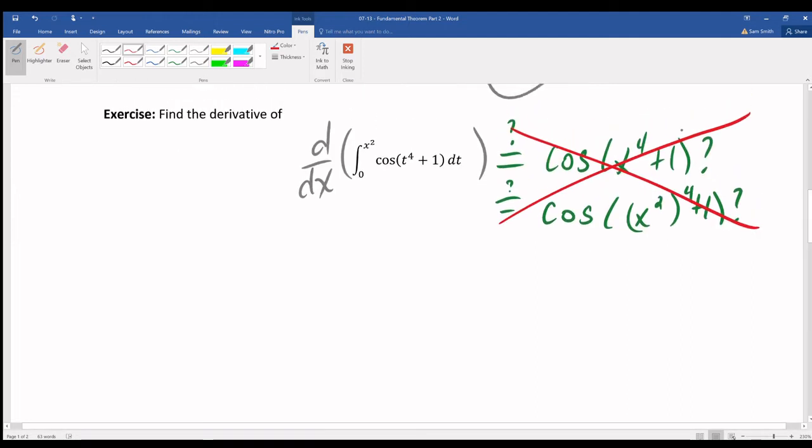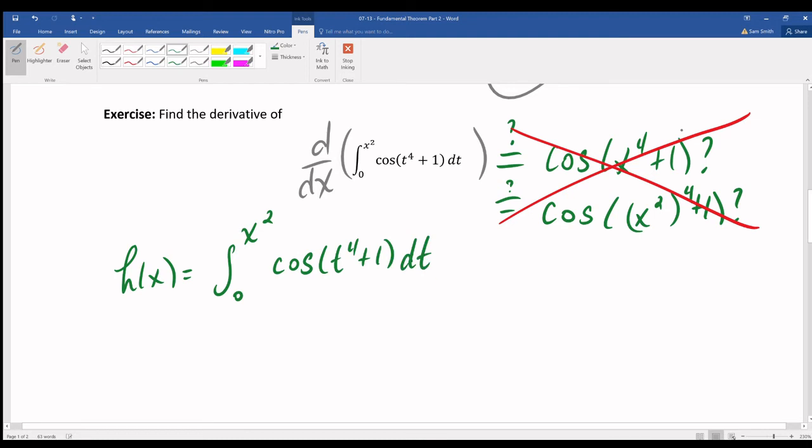Now, to get around this problem, we're going to use the chain rule. I'm going to call our function h of x. This is the function that integrates from 0 to x squared cosine t to the fourth power plus 1.